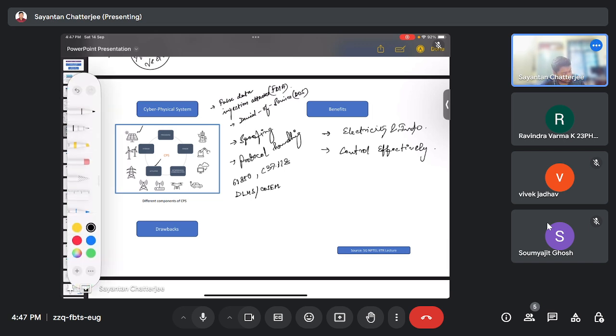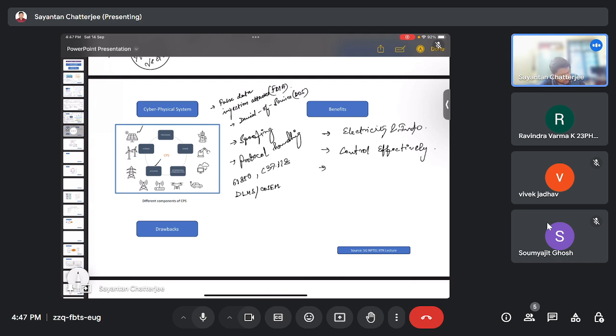Also various smart features or enablers can be integrated into these smart grid enablers, which you can say are the transmission side and distribution side.